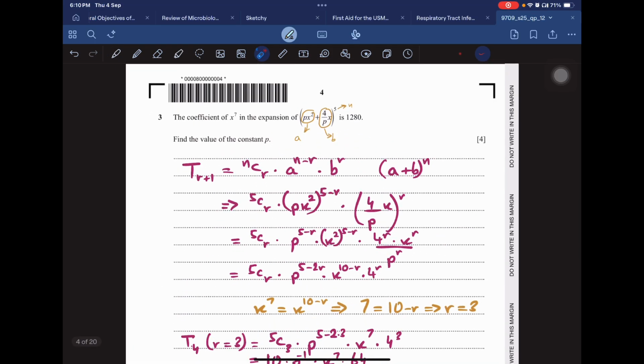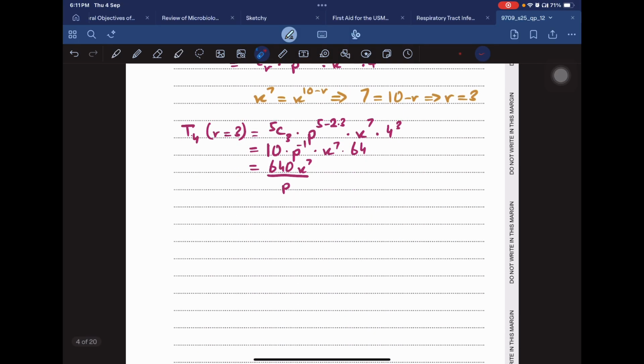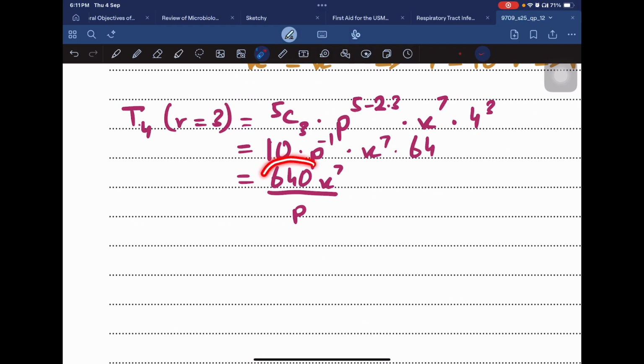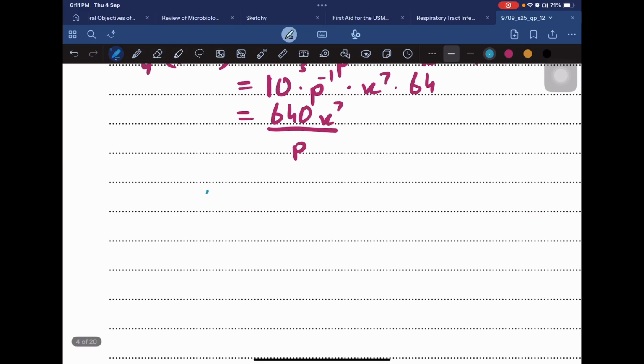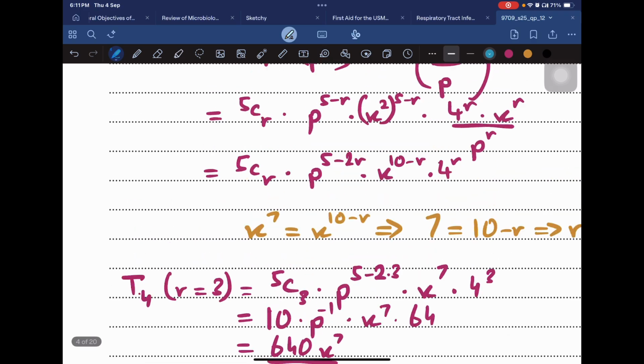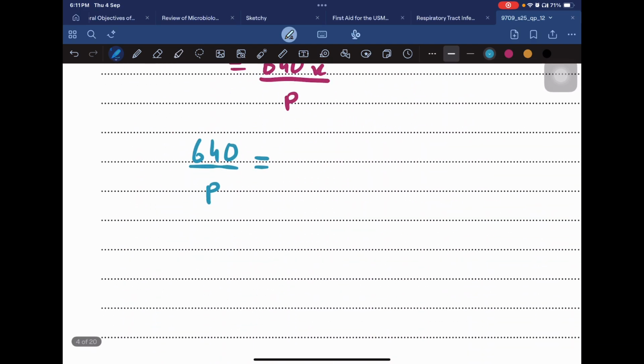Right. Now they've said in the question that the coefficient of x power 7 is 1280. What we're getting is the coefficient of x power 7 as 640 upon p. So that means that the coefficient of x power 7, 640 upon p, will be equal to 1280.